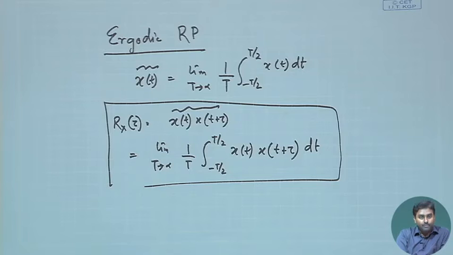Now, for a particular sample space, if this happens, that any sample I pick, I evaluate these two things and they are exactly equal to the ones we have got for the stationary process, then the associated random process is called an ergodic random process. Ergodicity means that whether you do it in ensemble or you pick any sample and do it in time, both will give you the same result.